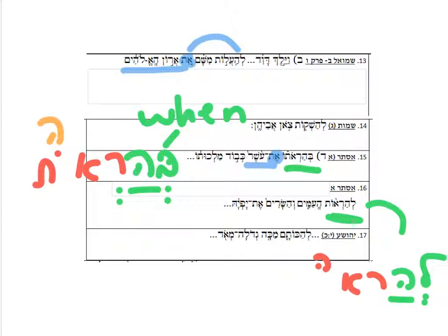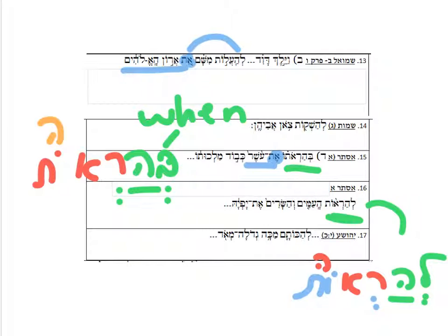But instead of having my hey included in the word, it becomes an ot, right? So leharot means to show. Again, you could use the word off in this context with the parties. Leharot ha'amim v'hasarim et yofia, to show the nations and the officers her beauty.